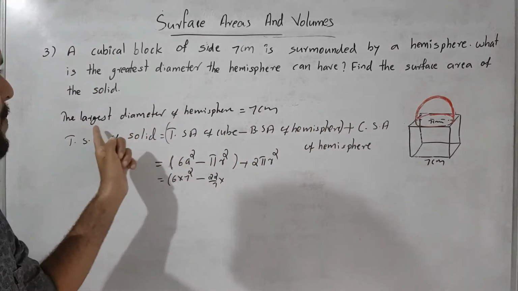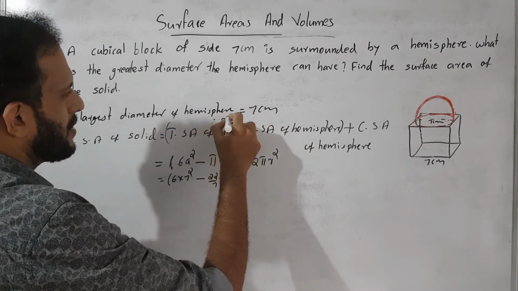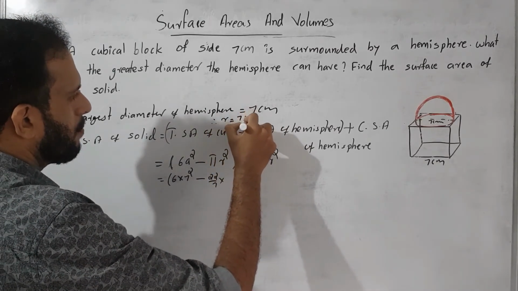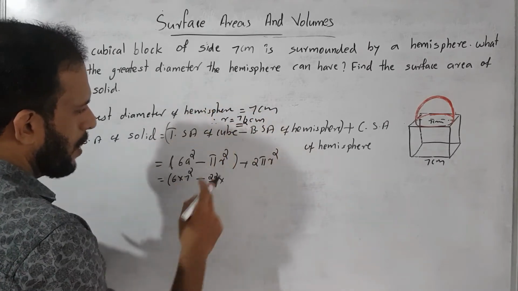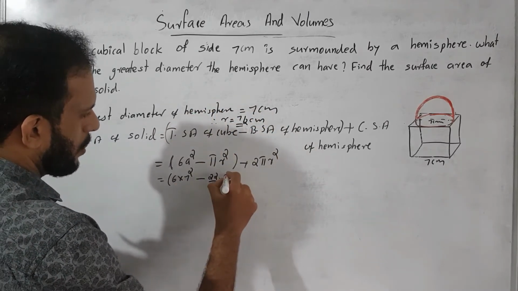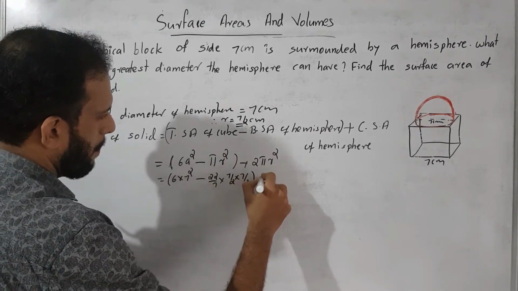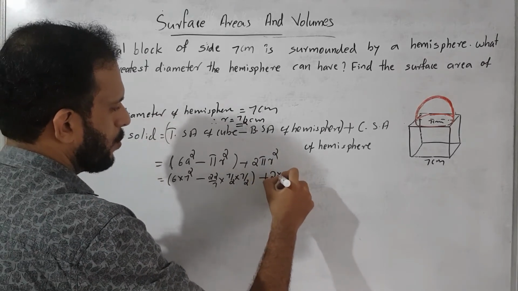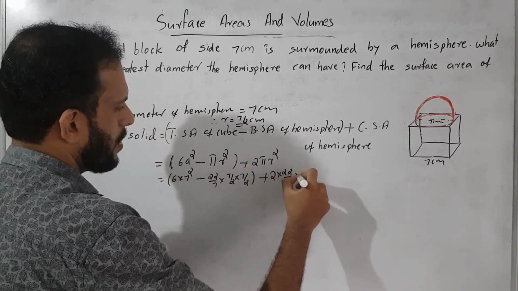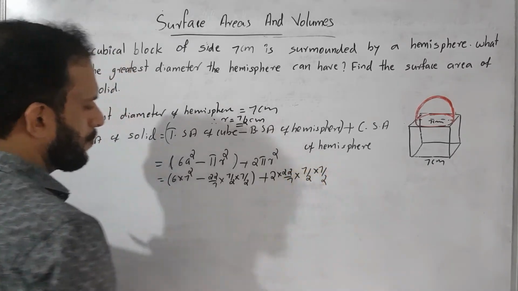The diameter of the hemisphere is equal to 7, therefore radius is equal to 7 by 2 centimeter. So, what is r square? R square is equal to 7 by 2 into 7 by 2, plus 2 pi r square, then 2 into 22 by 7 into 7 by 2 into 7 by 2.